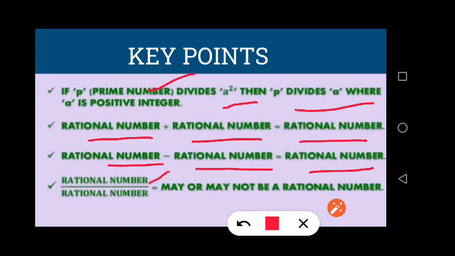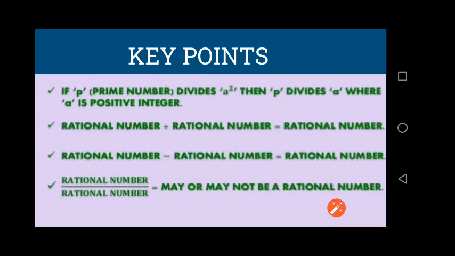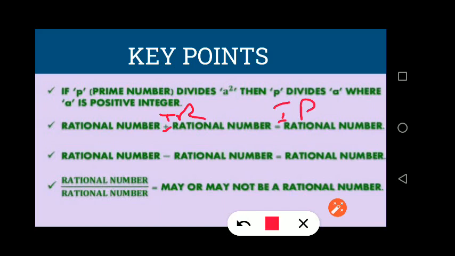But rational number by rational number may or may not be a rational number. But if we change it a little bit, like if we take rational plus irrational, then it becomes irrational. Rational minus irrational is irrational.